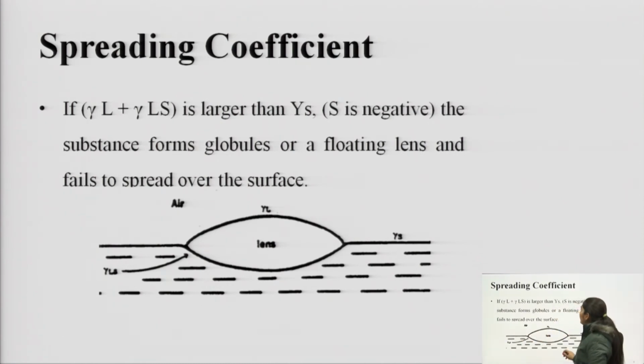If gamma L plus gamma LS is larger than gamma S, then S is negative and the substance will form globules or a floating lens and fail to spread over the surface. It will form a lens like this, and it will fail to spread.